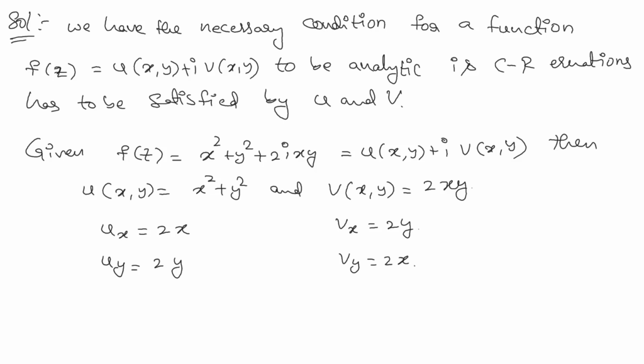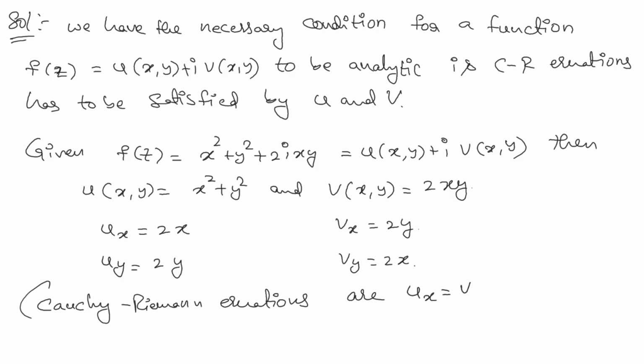Now the Cauchy-Riemann equations are ux equal to vy and vx equal to minus uy. So these equations are called Cauchy-Riemann equations.